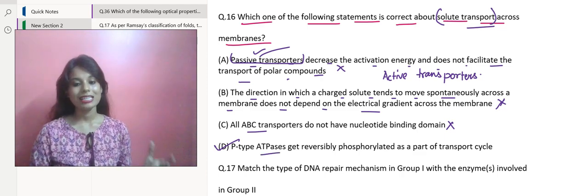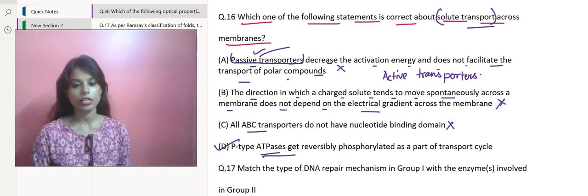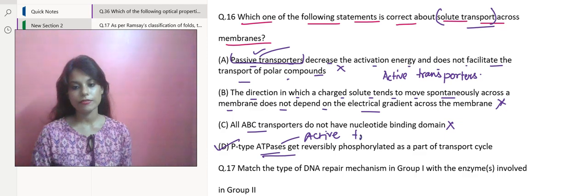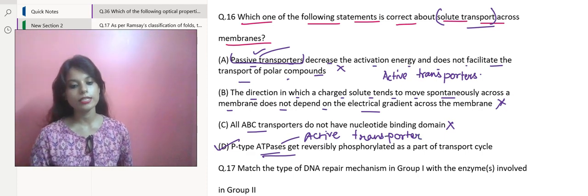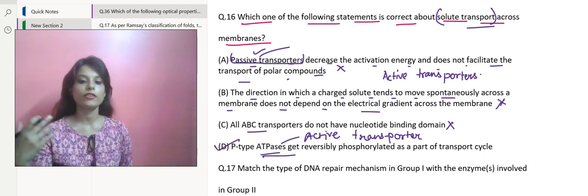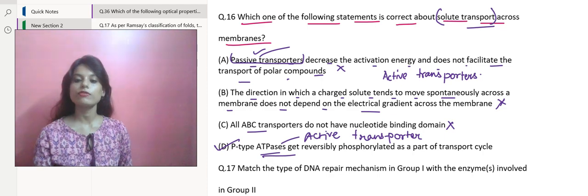Now, this is correct because P-type ATPases are a type of active transporter. Like when I was talking about active transporters, this is an active transporter, and they are reversibly phosphorylated during their transport cycle.